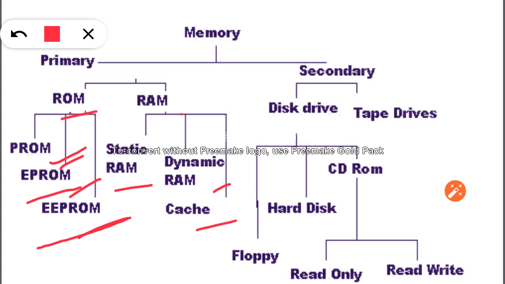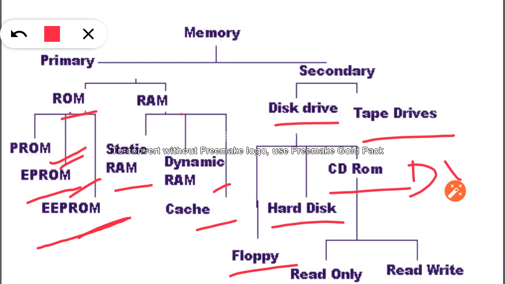Then secondary memory has disk drives, tape drives, or magnetic or optical drives. The disk drives are divided into floppy disk, hard disk, CD-ROM. We have DVDs also. Then the CD-ROM is again divided into read-only and read-write.